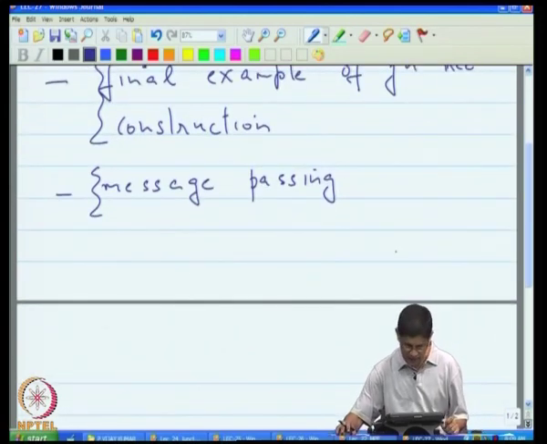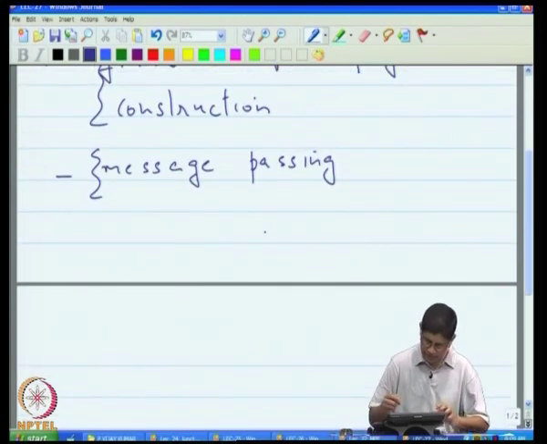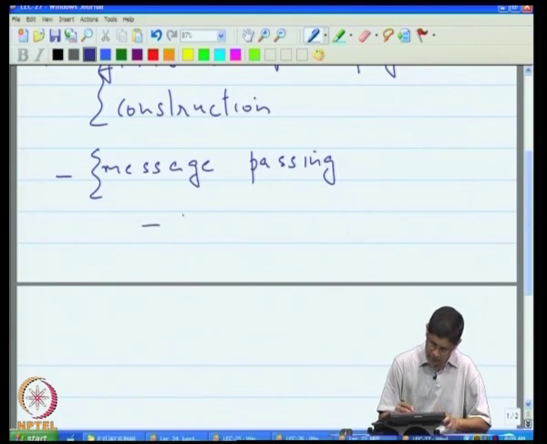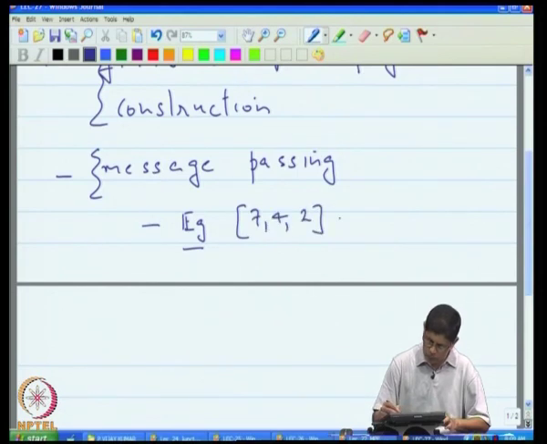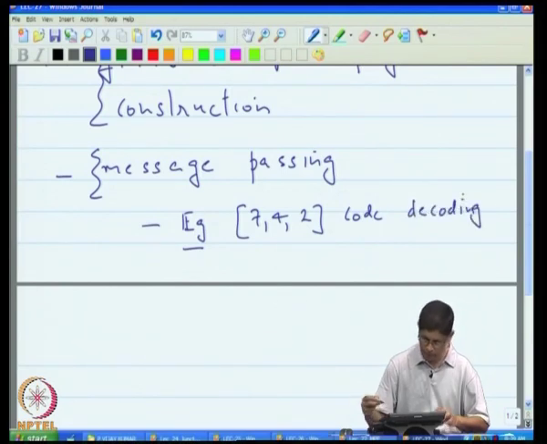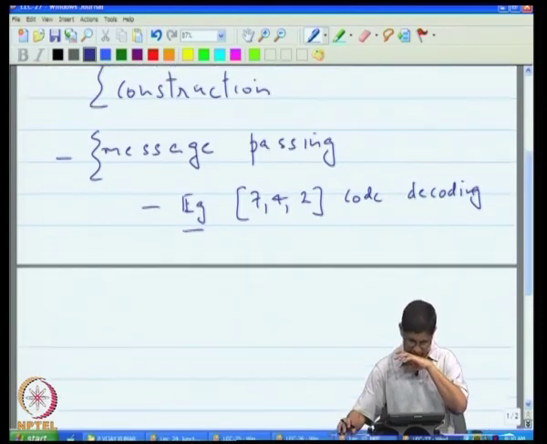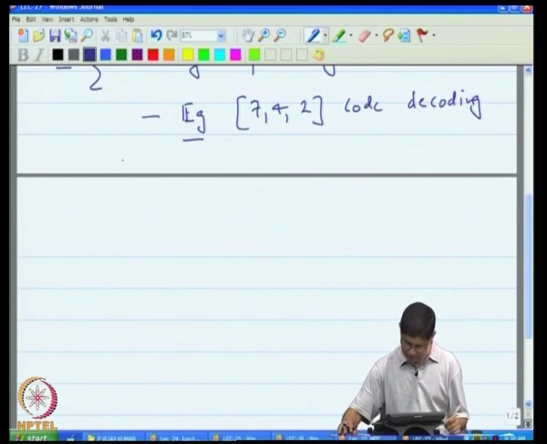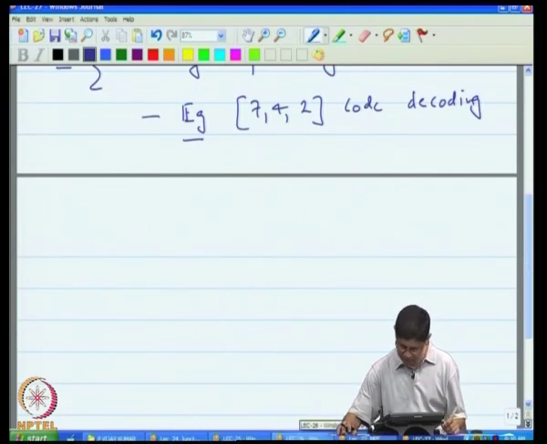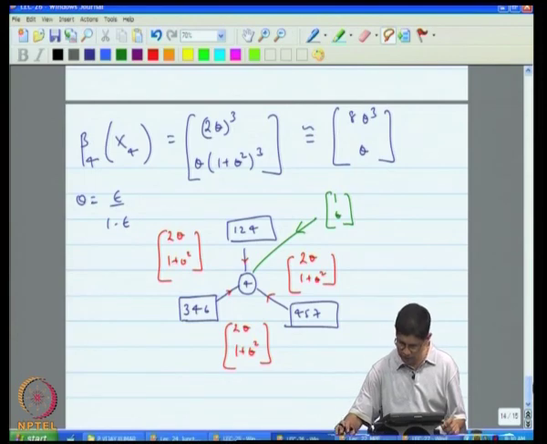In the last lecture I gave you a formula for message passing, and then we looked at an example relating to decoding of the 742 code. So let me just walk you through some of that once again.